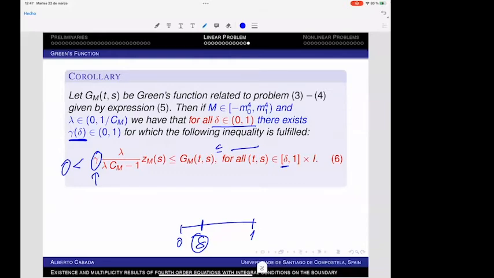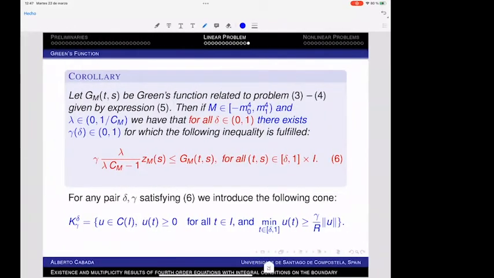and so we can define the cone in this direction. And so to finalize, right, this is the way that we can define, for instance, the cone. The cone may be defined in several possibilities, but this may be one possibility. There are more, of course. It depends on delta and gamma. Delta is arbitrary.